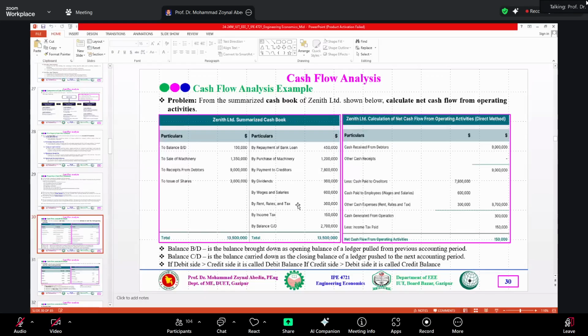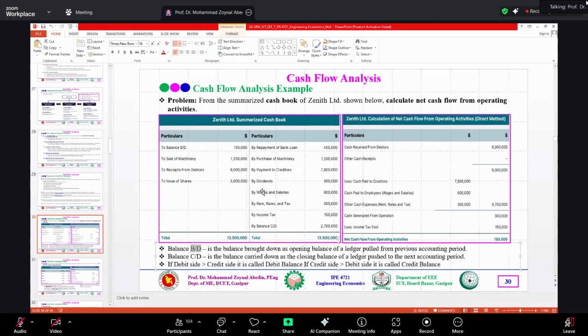So to balance B by D, there is a new term you have to understand here. Balance B by D means what? B by D means balance brought down, BD means brought down. Very carefully, mind this. BD is the brought down opening balance of a ledger pulled from the previous accounting period.